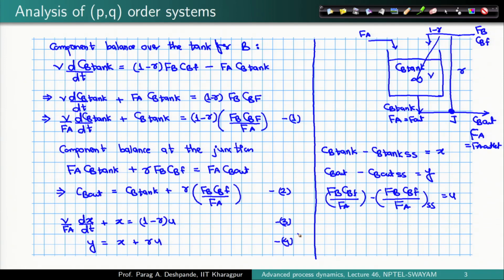So, now I have two equations in the deviation variable form, and then let me try to determine the transfer function of the system.